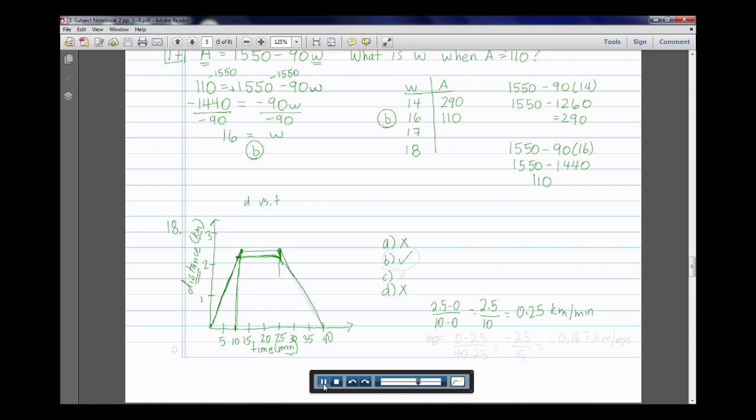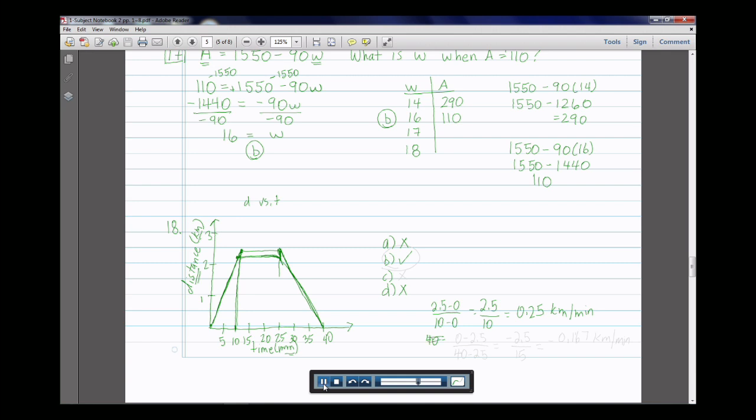You may want to check C just in case you made a mistake, and then you'd be able to see where your mistake might be. It says his riding speed home from the beach is 1.7 kilometers per minute. So you would take a look, how far did he go? You'd want to find the slope of this line here. Whoops, sorry, we want the kilometers on top.